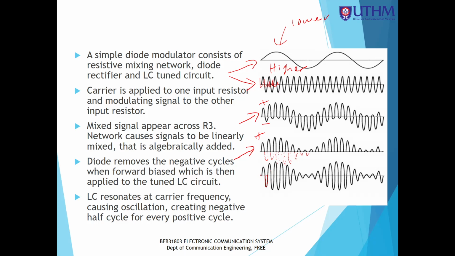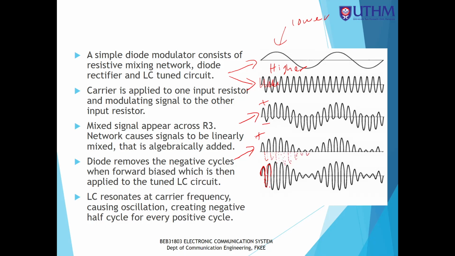From here the LC tank circuit is charging, and during the negative cycle, which is the reverse bias, the diode will clip off the negative cycle, and at this moment the LC tank circuit will discharge, and then charge again.